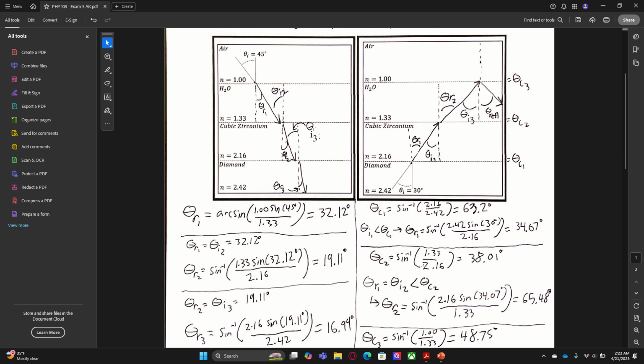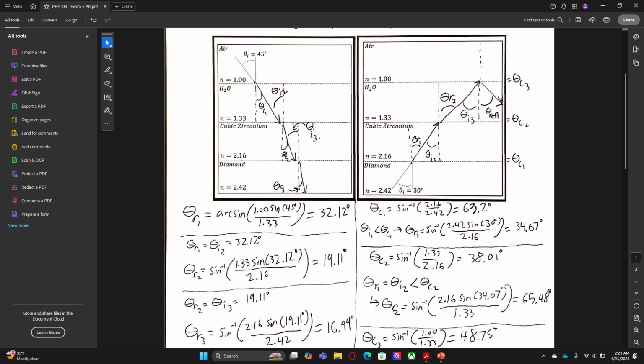So 1.33 over 2.16, that equals 38.01. We know that theta R1 equals theta I2. That's based off of trigonometry. So the angle we care about now is theta I2. This is equal to 34.07 degrees, which is less than our critical angle, 38.01 degrees.